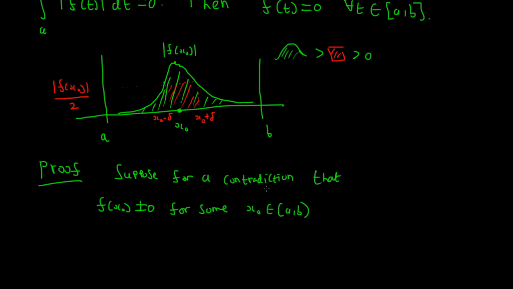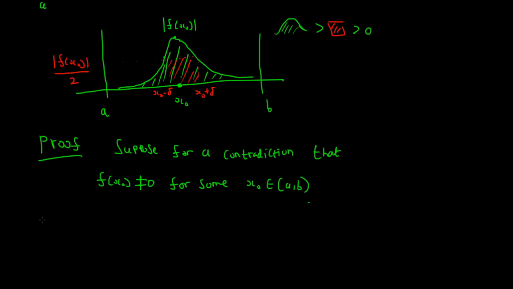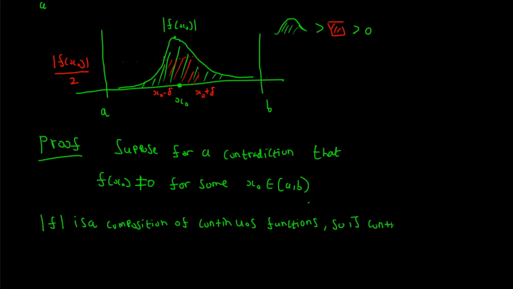We're not going to deal with the closed interval right now. We'll deal with that at the end. Now, the absolute value of f is a composition of two continuous functions. The first function being f, and then the absolute value. And that means the absolute value of f is also continuous. So let's just write that down. Absolute value of f is a composition of continuous functions, so it is continuous.